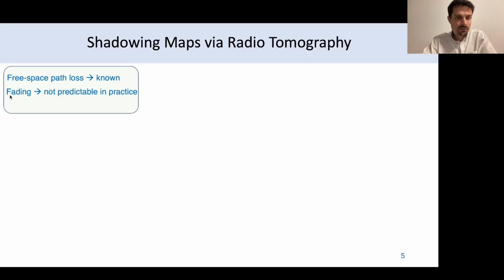Then the fast fading, which is caused by multipath, is not really predictable because it changes very quickly, at the scale of the wavelength, and the wavelength is in the order of centimeters or tens of centimeters, typically, in contemporary systems, even millimetric.